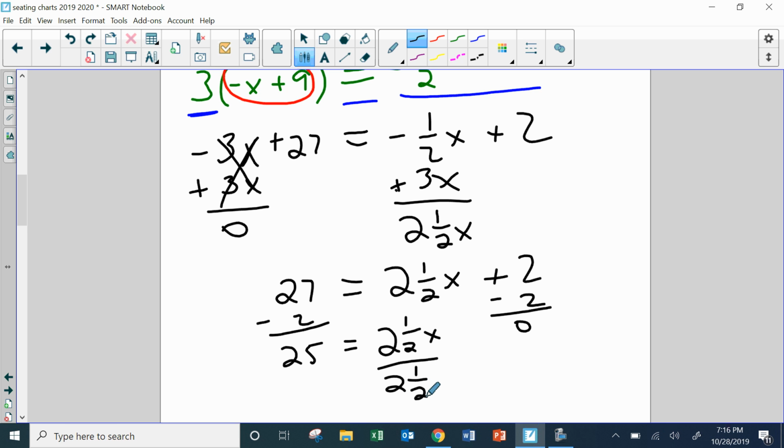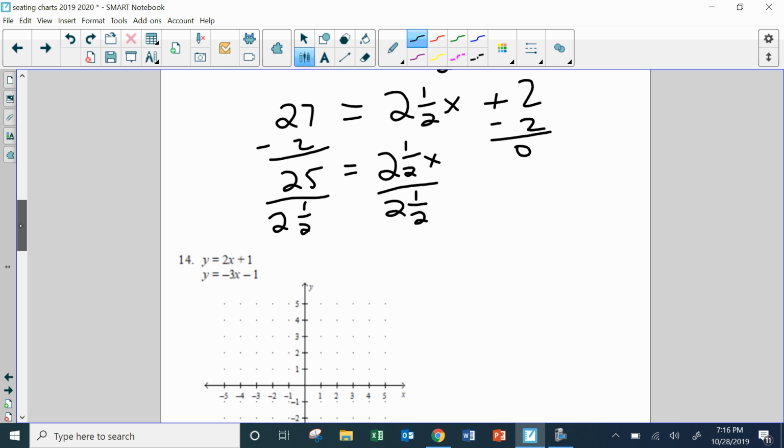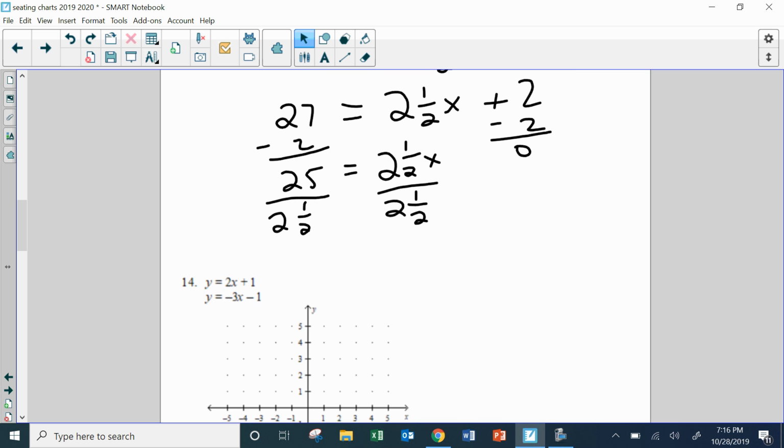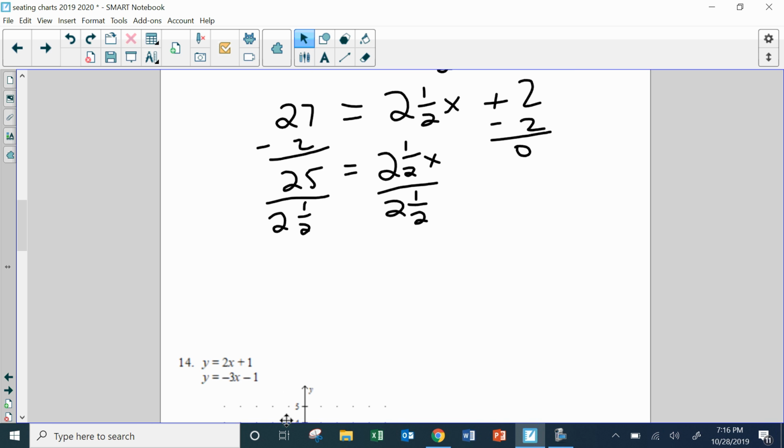Again, this would be fine in a calculator to do. So 25 divided by 2.5 is my final step. And let me slide stuff down a little bit. So I divide 25 by 2.5. Well, that's a tricky one to do. I'm going to have to get a calculator out for that.